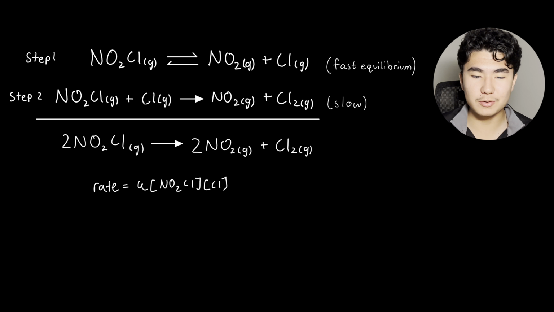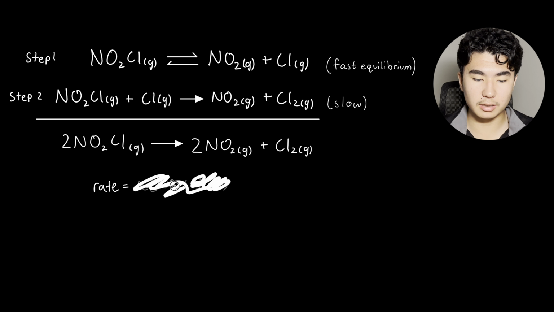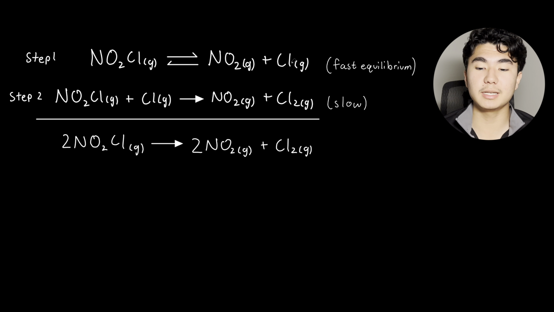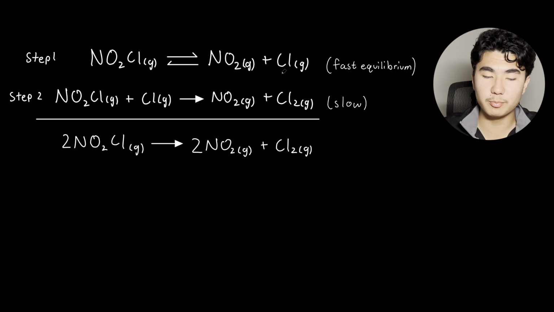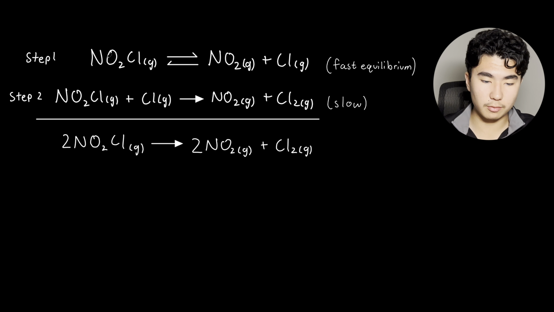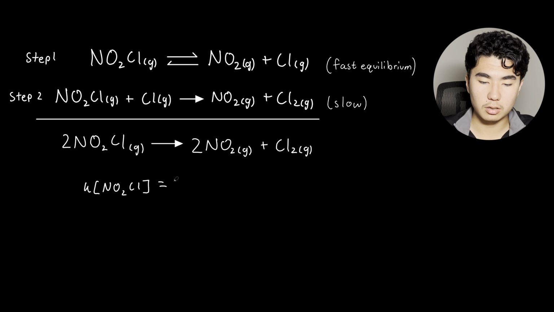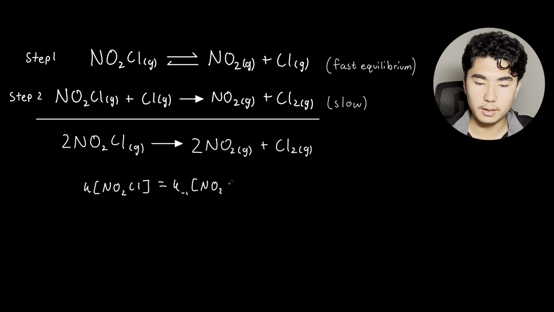That might sound a little confusing, but here's what I basically mean. We know that chlorine is our intermediate, and that intermediate is seen in the slow step. So in order to get a rate law that doesn't include that intermediate, here's what we do. For the forward step we write the rate as k1 [NO2Cl]. And the reverse rate, with the reverse rate constant, I'll denote it as k-1, is k-1 [NO2][Cl].